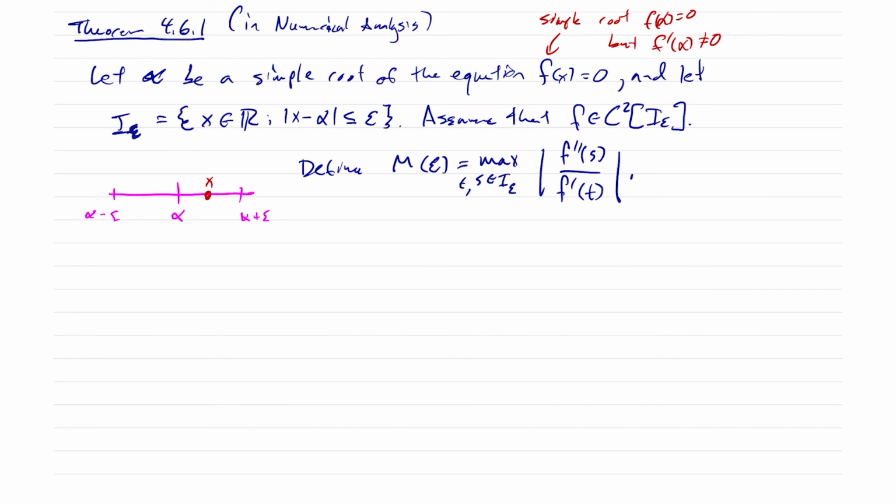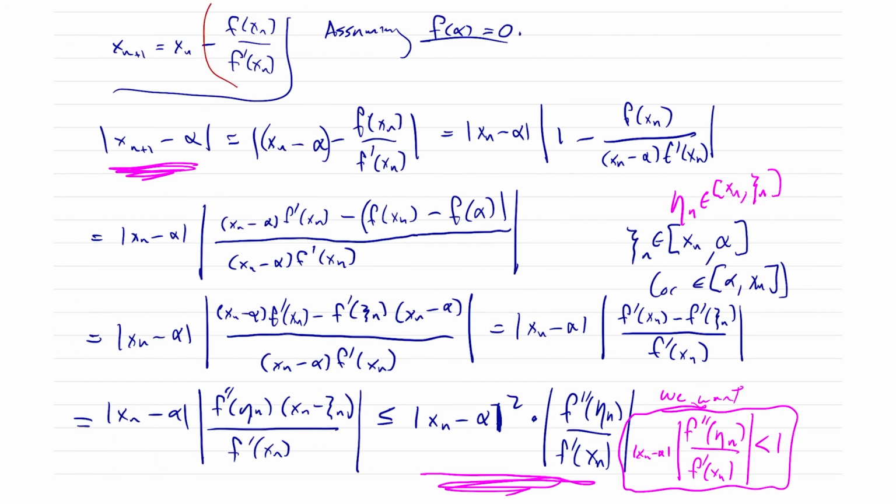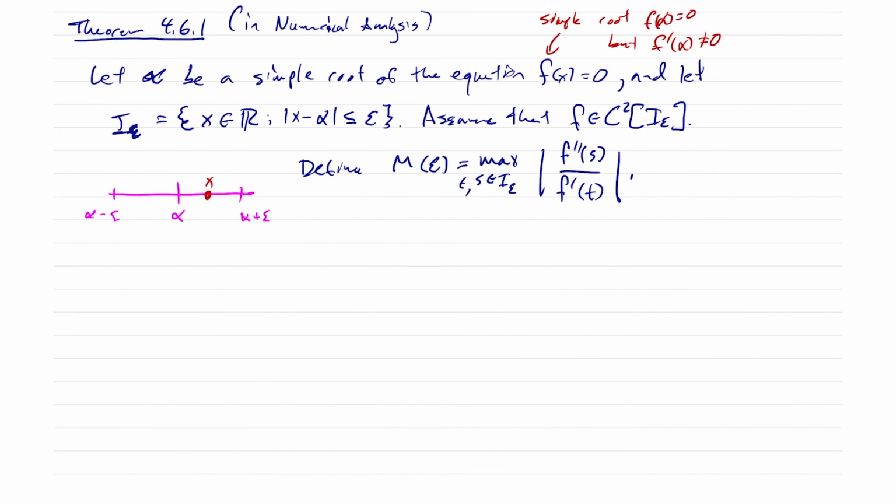And if we're twice continuously differentiable, then you can pick an epsilon small enough so that the derivative is never 0 anywhere in this interval. So that means that this doesn't blow up to infinity. And we need to be able to define Newton's method over here, and if we have a 0 on the bottom, that's a big problem, right? So that's one thing we have.